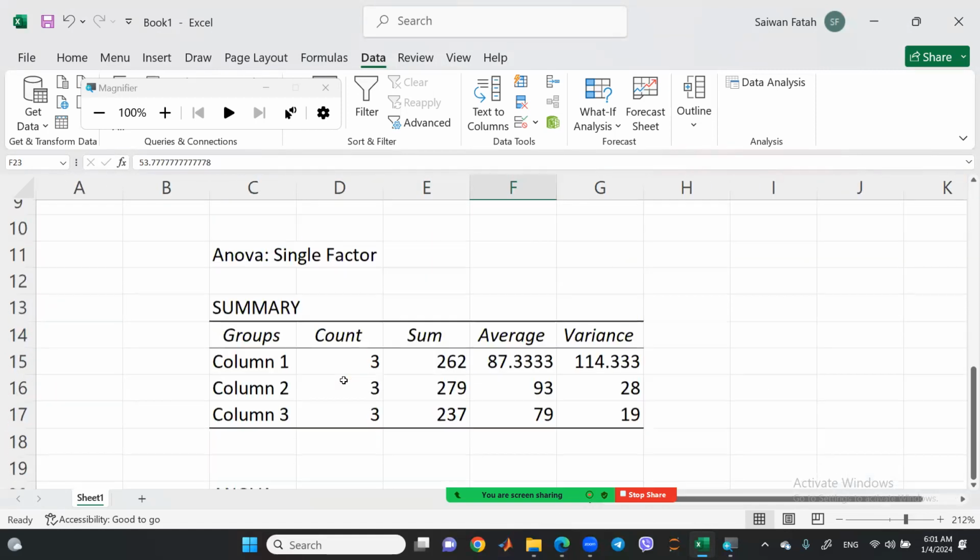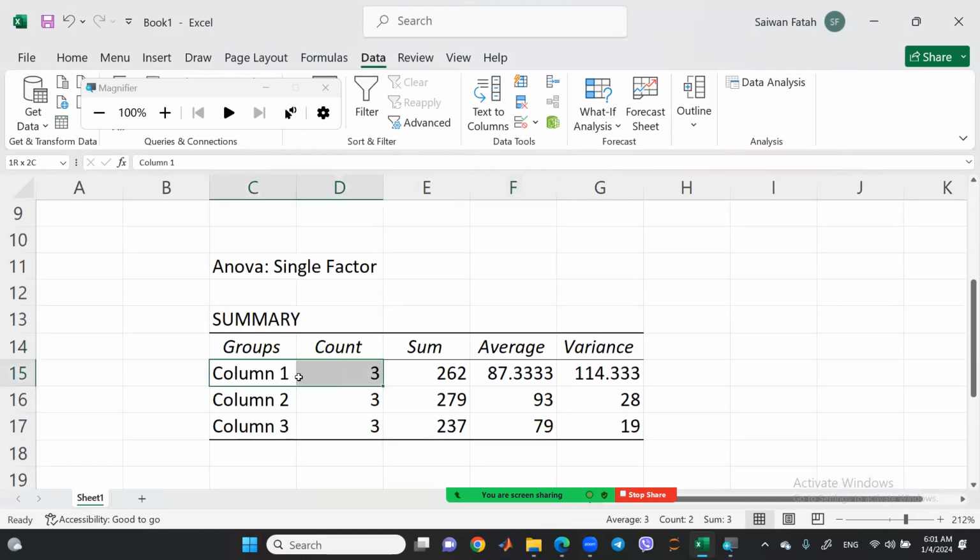Look at this table. In the first column, we have 3 elements. In the second column, we have 3 elements. In the third one, we have 3 elements, as you have the same number of elements for all types of alcohols. It may be different in another example.